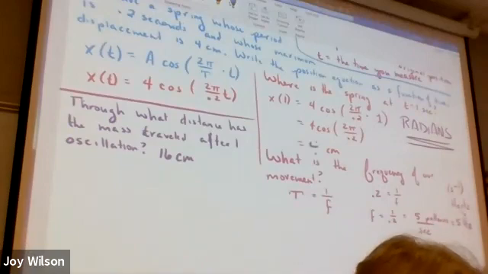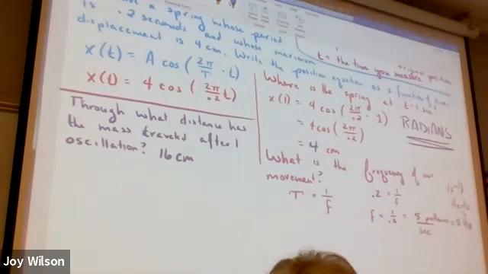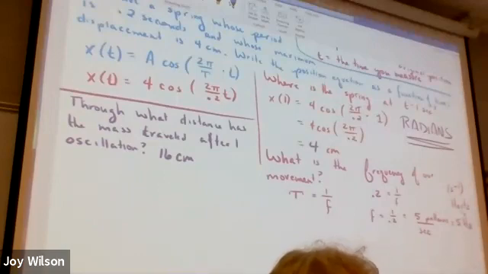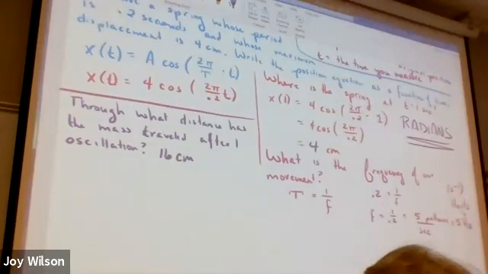So this would put it at 4 centimeters, straight up, because it'd be 10 pi. 10 pi would put you back at where you started. So all year we've used degrees, but when we start doing this, we have to use radians, because we're using trig functions. Yes, we have our moments. Okay, so 5 hertz, 4 centimeters.